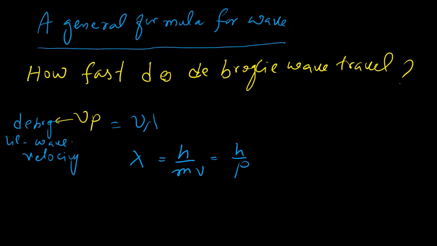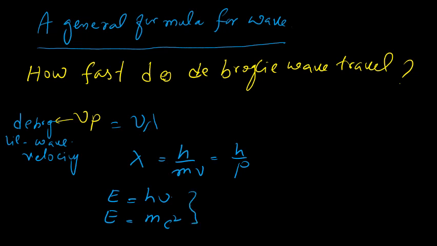To find the frequency mu, we need to equate the expressions for the energy. We have two equations: E is equal to h mu and E is equal to mc square, the relativistic formula for the total energy.